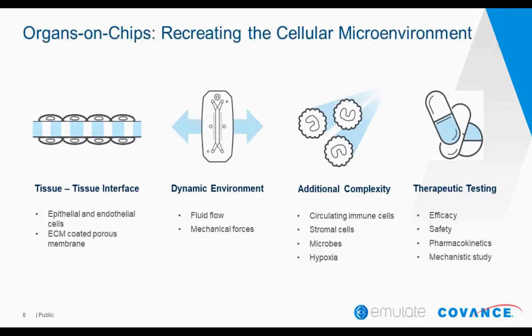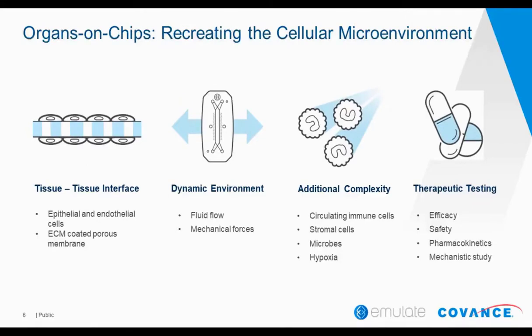A key feature of our organ chip is the ability to create a dynamic environment by applying different degrees of flow or mechanical forces. And not only that, we can build additional complexity by adding circulating immune cells within flow or a stromal compartment or interstitium by utilizing an ECM layer and stromal cells inside.